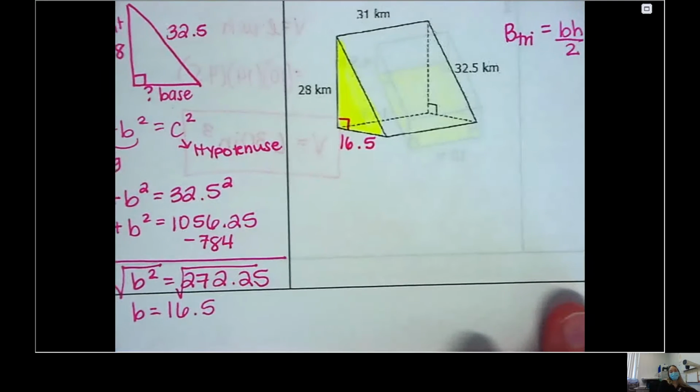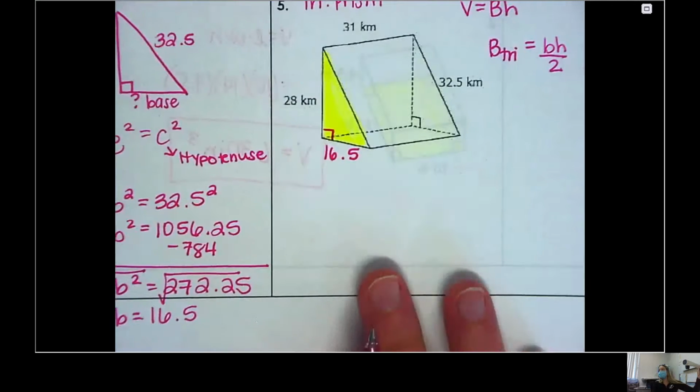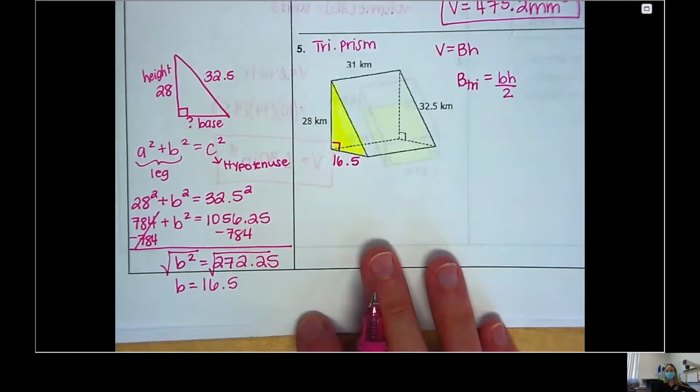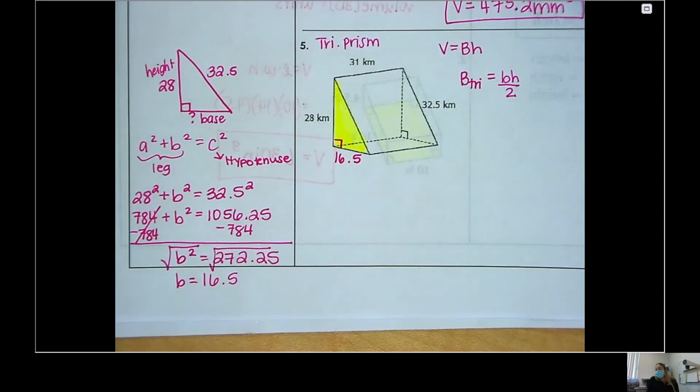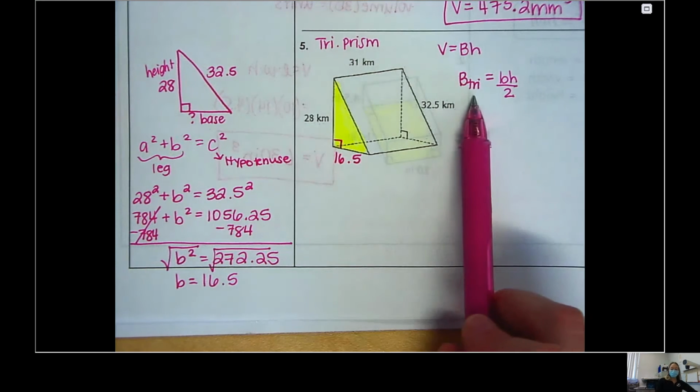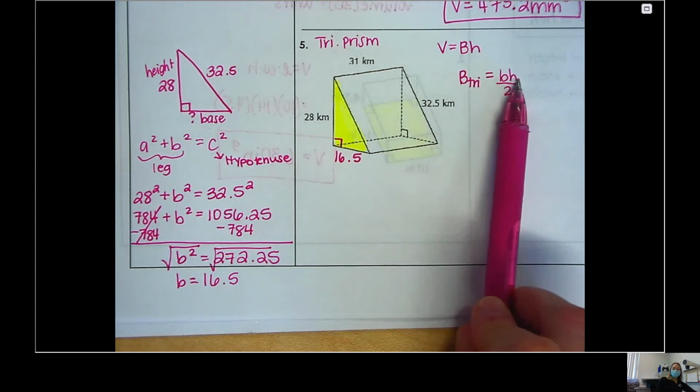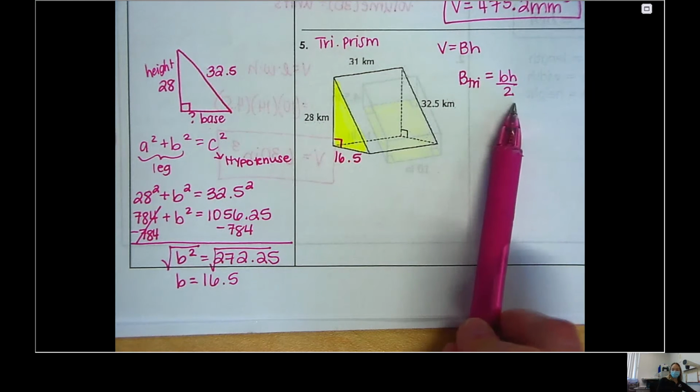So down here it's 16.5. Now, oh my goodness, that was a lot of work, but we're still not even done with the problem. All we've done there is solve for the side length. Now I need to use that number and plug it into the equation. So the area of a triangle is base times height divided by 2.